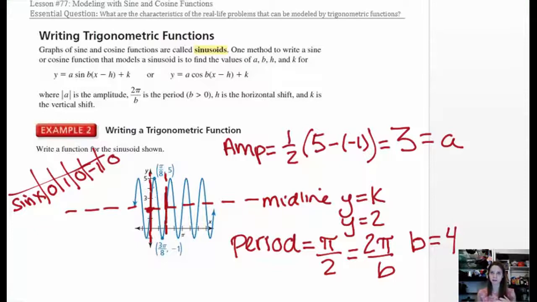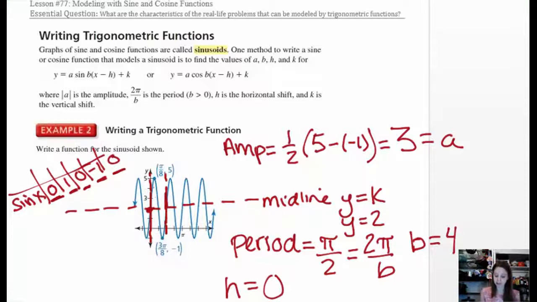H, a horizontal shift. There is no horizontal shift because I'm going to use the sine function. And the sine function starts, like I said, at 0 or the midline, goes to its maximum point, then back to 0, to its minimum point, then back to 0 or the midline. So my horizontal shift, or my h value, is going to be 0.